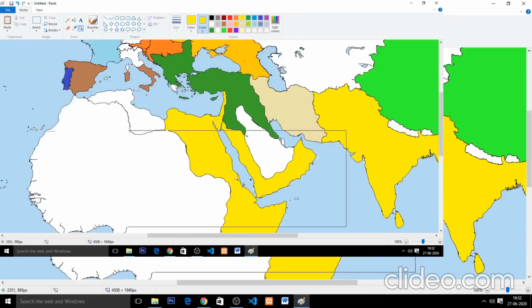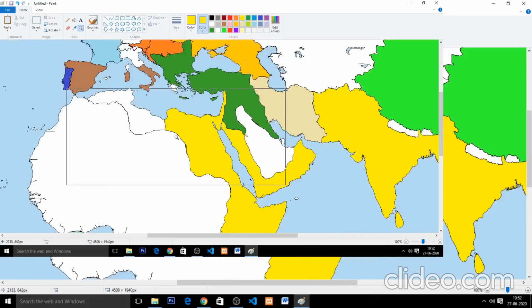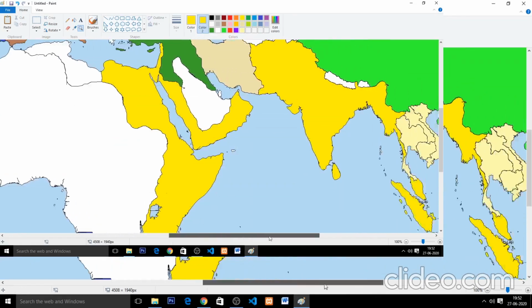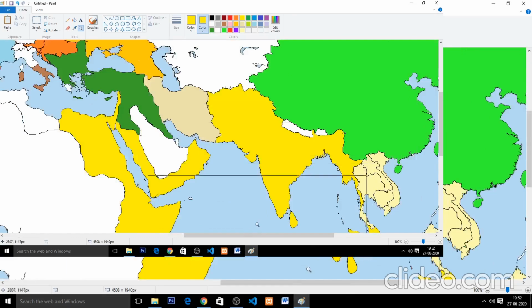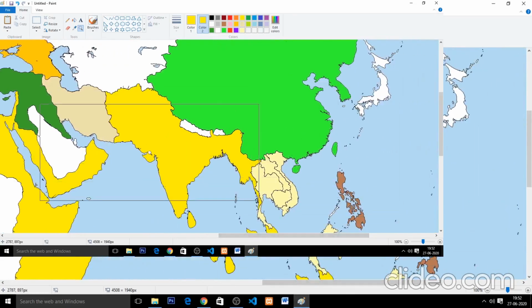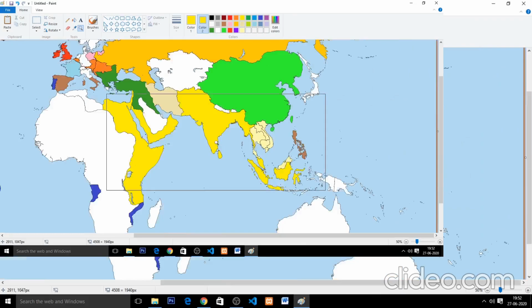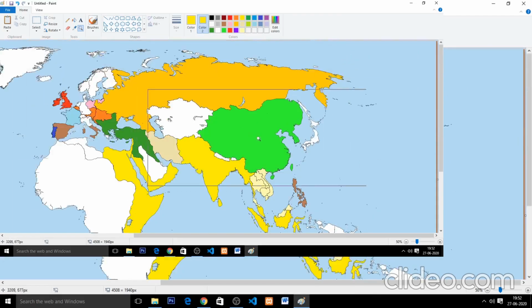On the other hand, France probably would be much more powerful, and it would probably have a large colonial empire in Africa, and there would probably be a large Franco-Maratha war or whatever. That would probably be like the World War One of our timeline.